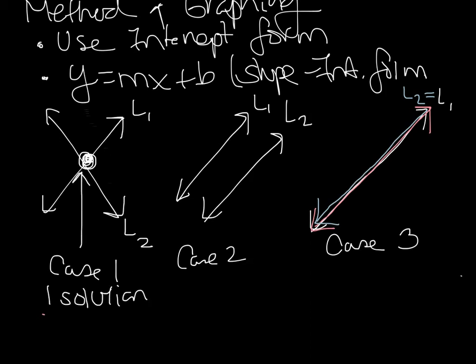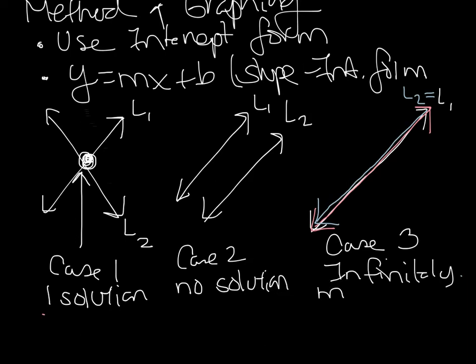Here you have no solution. And here you have infinitely many solutions, because where do they intersect? The pink and the blue line intersect right here, right here, right here. I mean, everywhere. So there isn't just one point of intersection; there are infinitely many points of intersection.